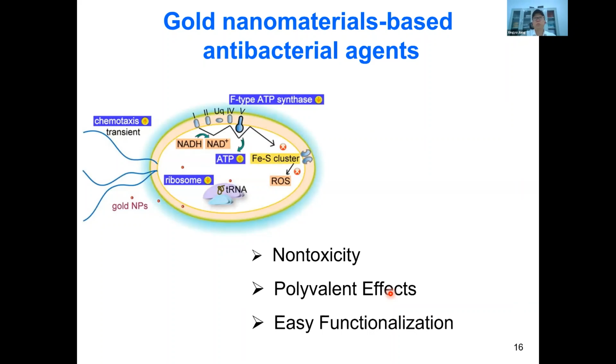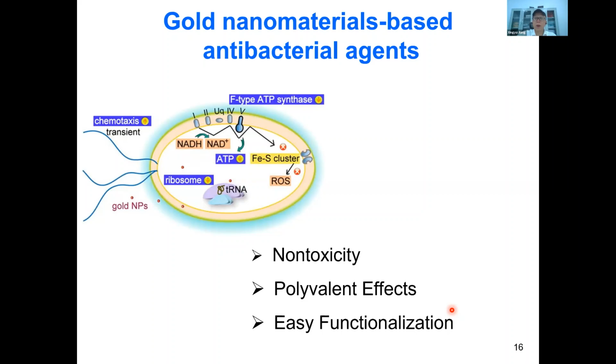But if they're present in many copies, that dramatically increases the binding affinity. And an advantage of the nanoparticle is that you can use many types of ligands to modify the surface to give it a very high level of functionality.